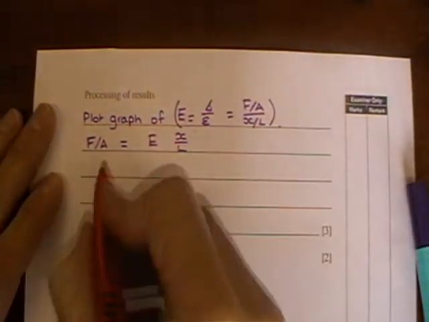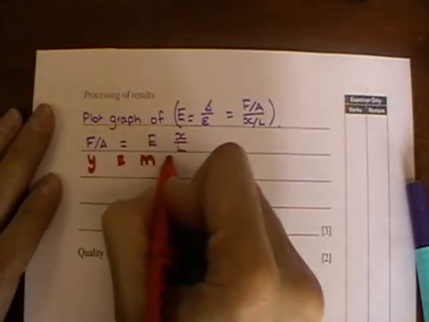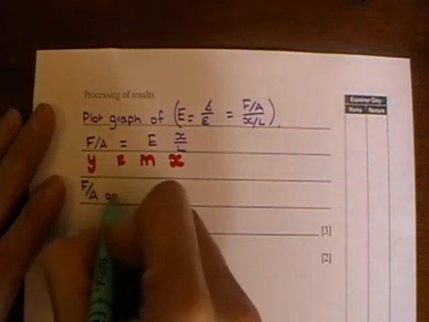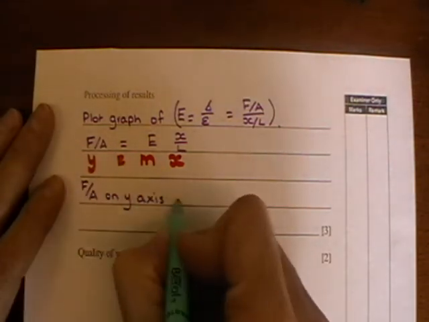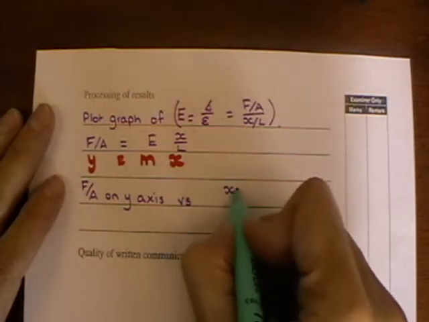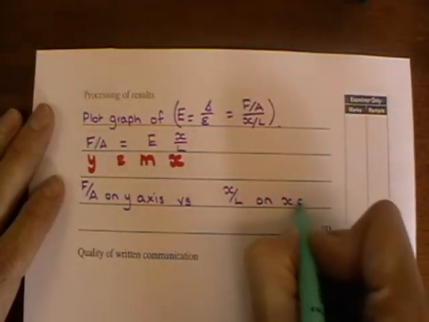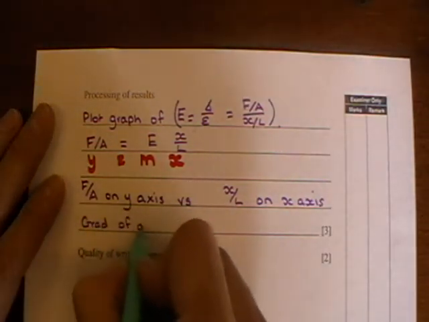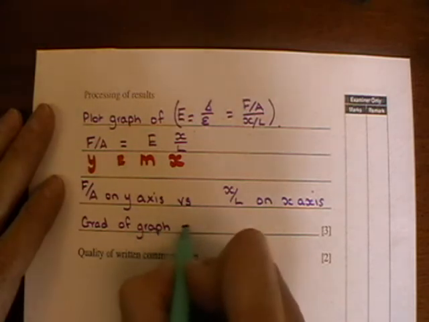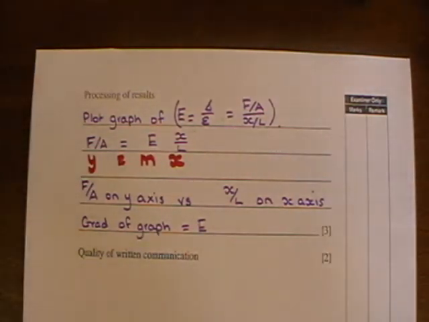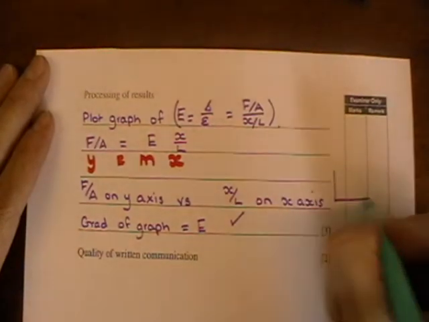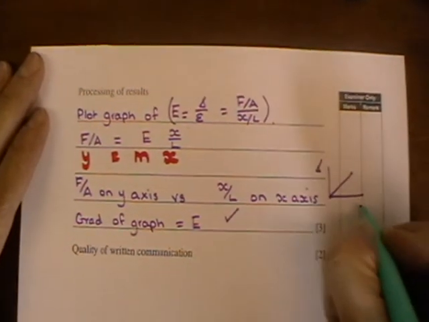And if we write y equals mx underneath that, you can see you're going to plot a graph of F over A on the y-axis versus x over L on the x-axis. And then the gradient of your graph is equal to E, which is that Young modulus that you need to calculate. And that gets you your mark. You could also say that that's a straight line through the origin, stress over strain.